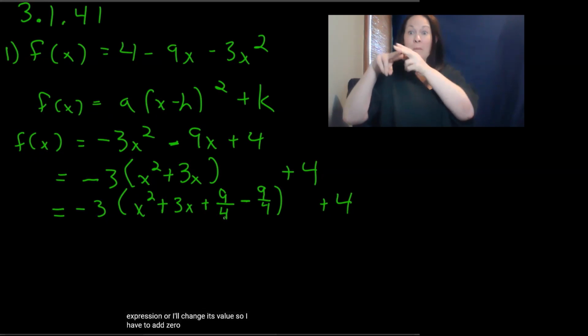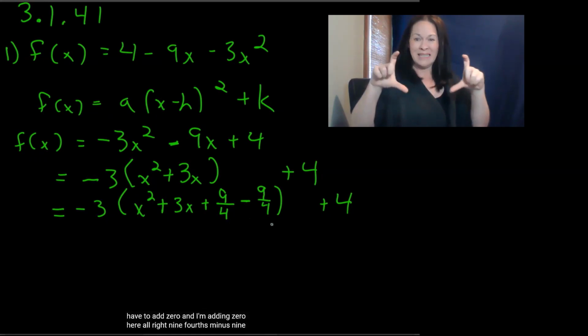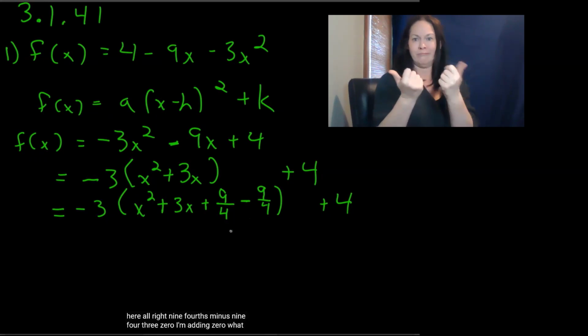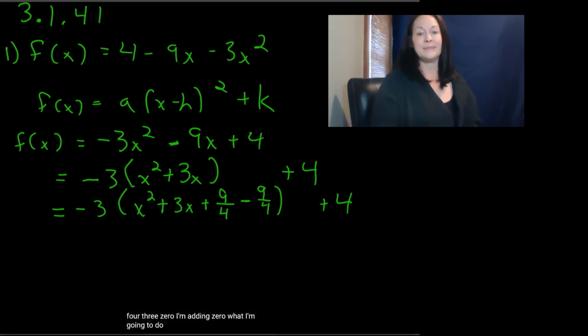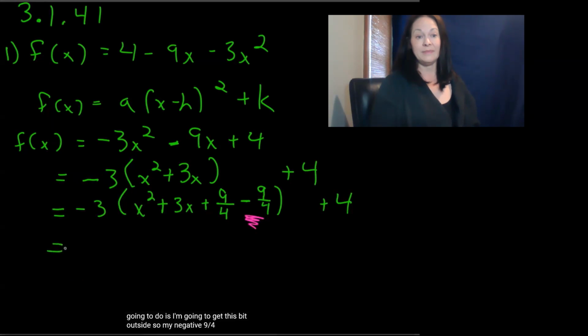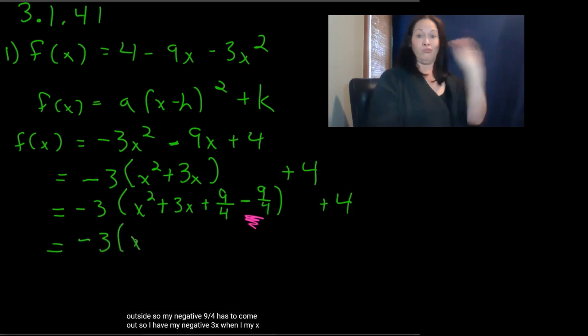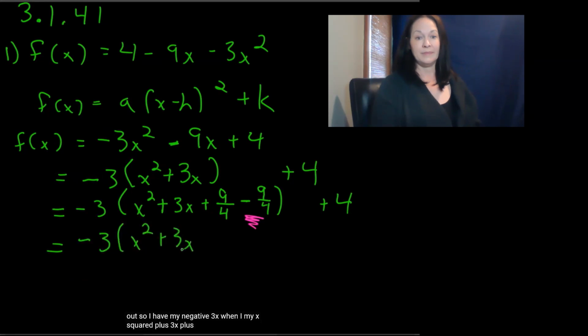So I have to add 0. And I'm adding 0 here, right? 9/4 minus 9/4 is 0. What I'm going to do is get this bit outside. So my negative 9/4 has to come out. So I'm going to have my negative 3, my x squared plus 3x plus 9/4 inside my parenthesis.